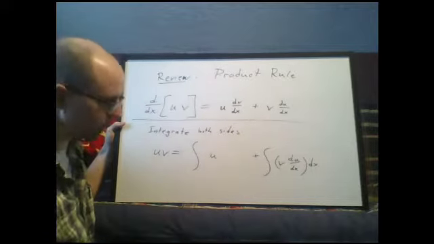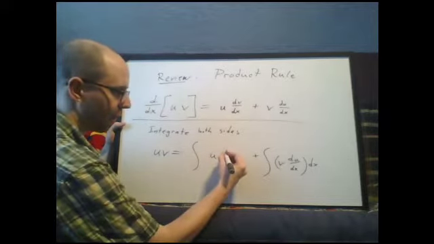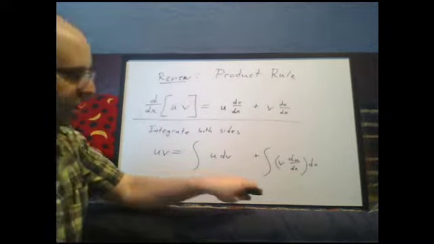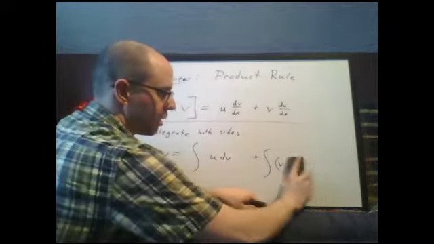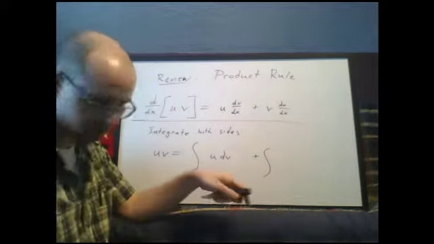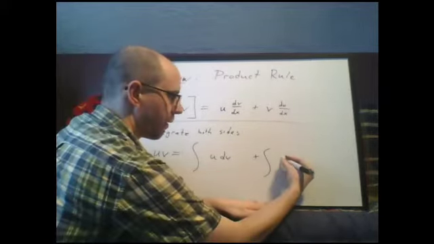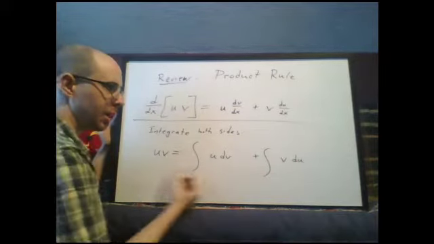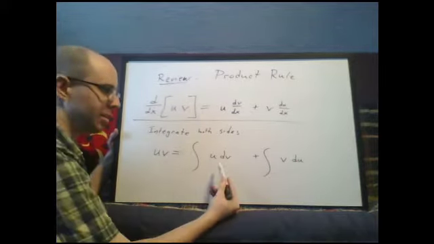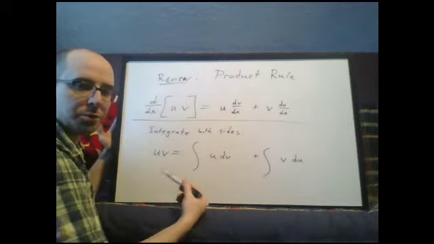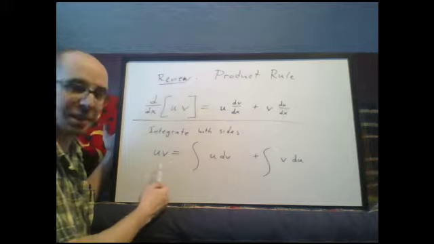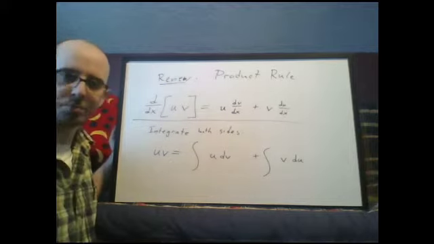So this will be the integral of u dv. Likewise, this one will be the integral of v du. But everything here, the u, the v, dv, and du, those are all things that really involve x. These are just like stand-in letters to represent more complicated expressions.